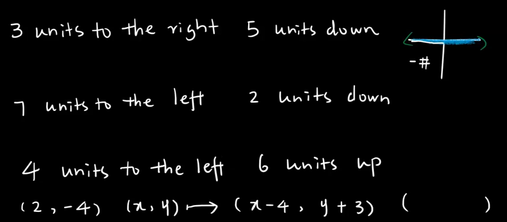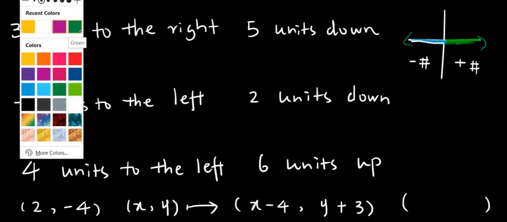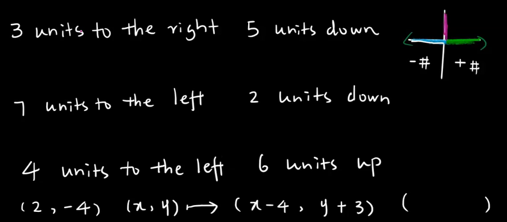If we go to the right side, we're going to use a positive number. Now, let's talk about up and down. If we go up, we're climbing up on the y-axis, and we're going to use a positive number.